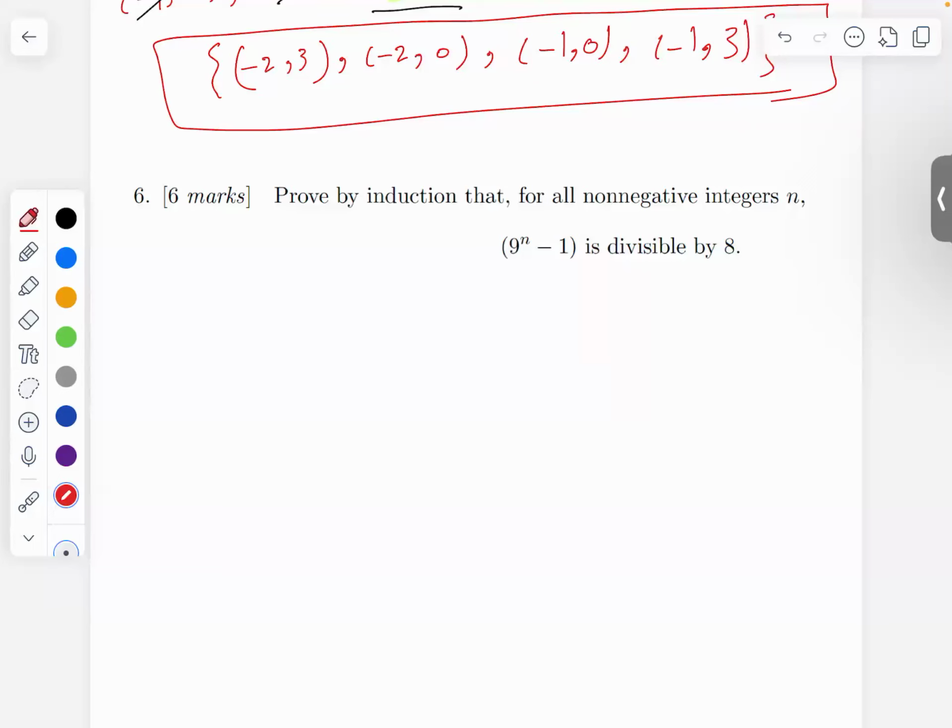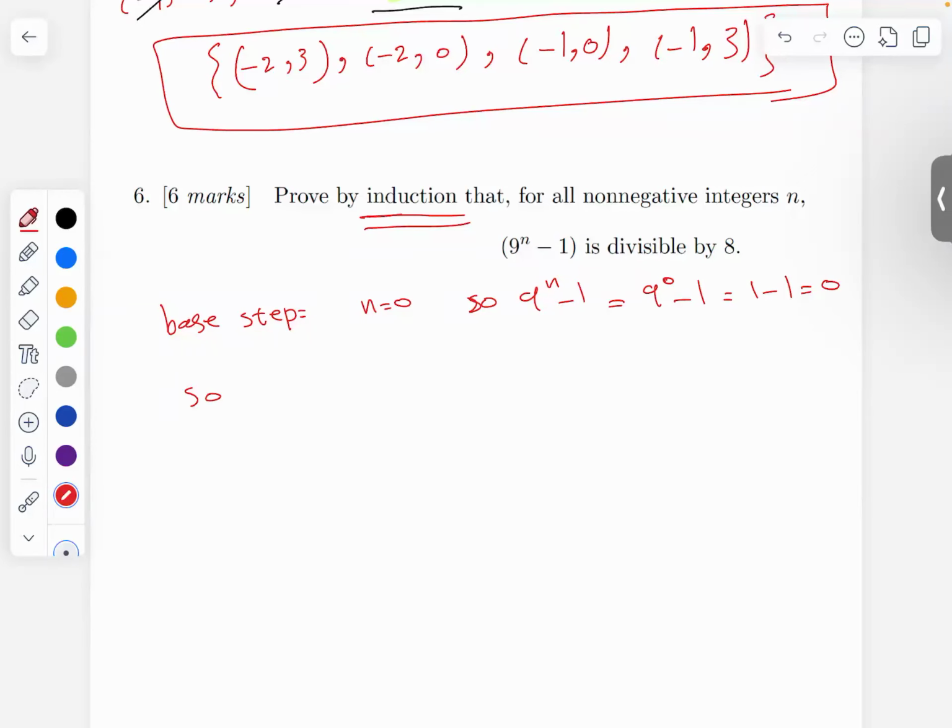Okay, we are trying to do question 6 of Thursday version. So we see that induction is the method that's been advised. So base step, n equals 0. So 9 power n minus 1, 9 power 0 minus 1 equals 1 minus 1 equals 0.